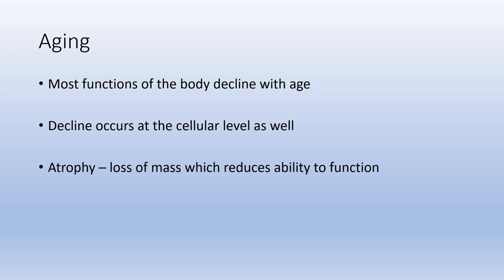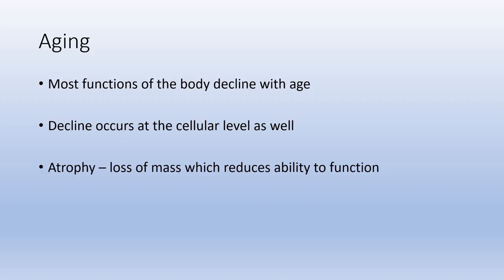Oftentimes, when things aren't working quite as much, you slow it down. And one problem that you often have is that a person is, say, bedridden. They're not using their muscles. And you start to have loss of mass, and that's atrophy. Muscle atrophy is a huge concern with someone who is bedridden.